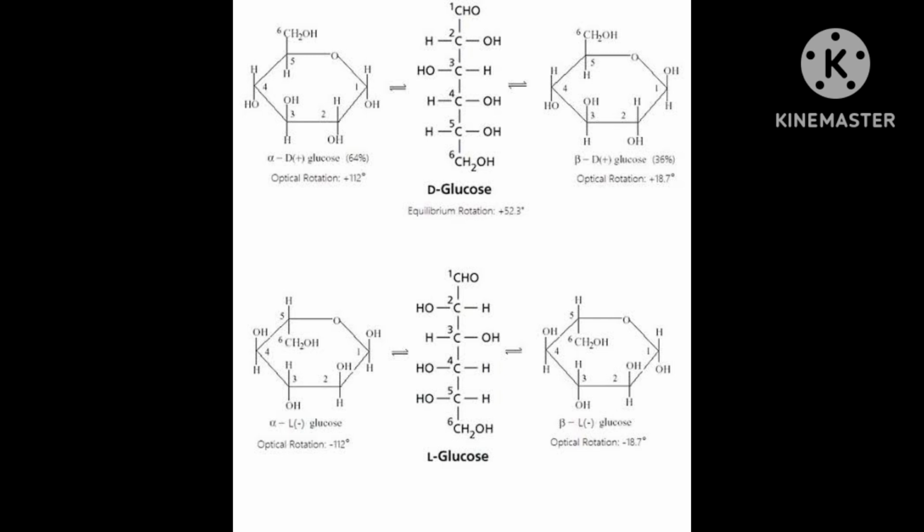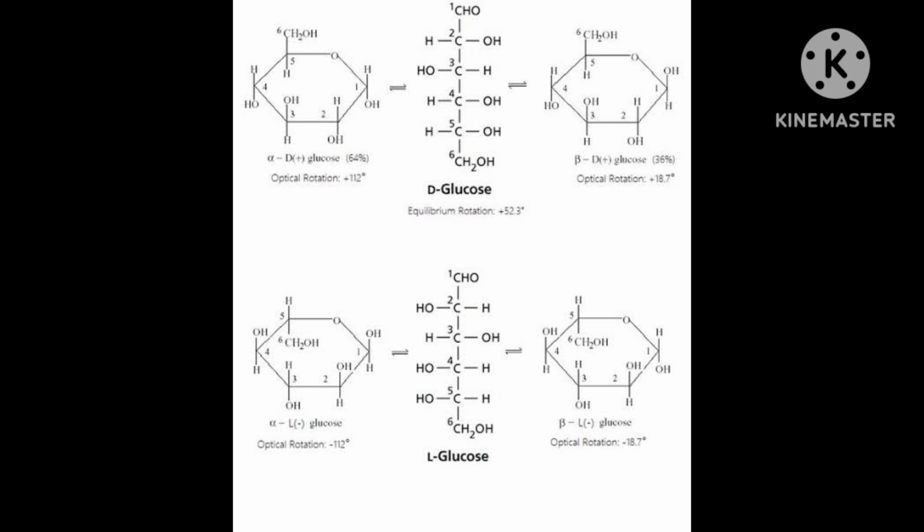The CHO double bond becomes a single bond, and through that oxygen, which was negative, it joined with carbon 5, which was positive, and formed a cycle. Both the open chain structure and the cyclic structure are in equilibrium.